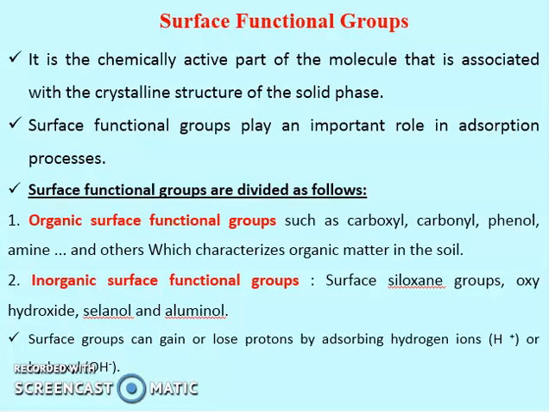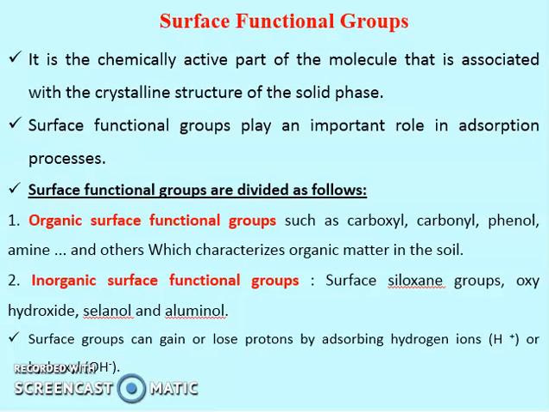Surface functional groups. It is a chemically active part of the molecule that is associated with the crystalline structure of the solid phase. There are some molecules on the surface of the solid phase able to adsorb some other molecules or ions.